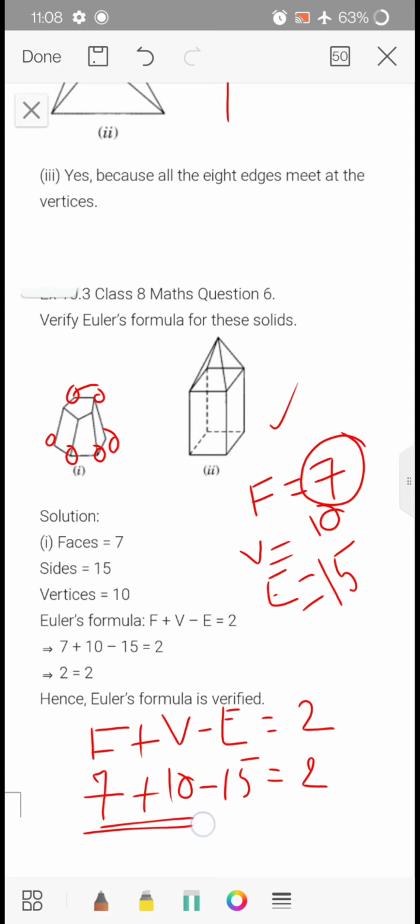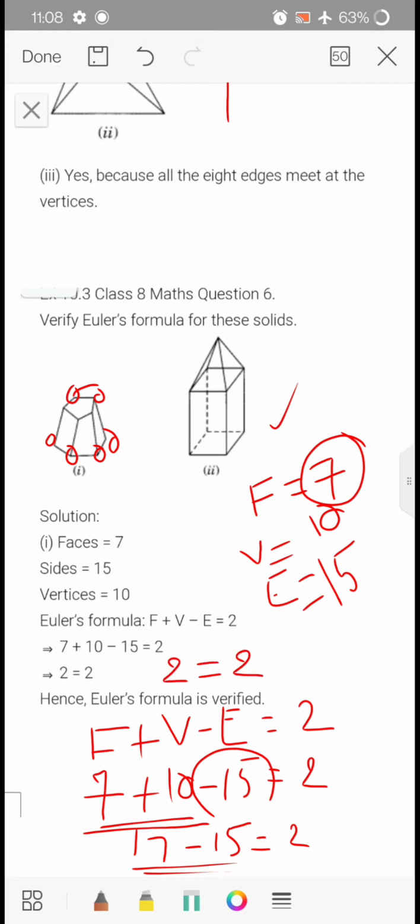So 7 plus 10, it is 17. And this minus 15 we will keep as it is. 17 minus 15, it's 2 and here 2. Means here we got LHS is equals to RHS. It means that the Euler's formula is verified for this solid.